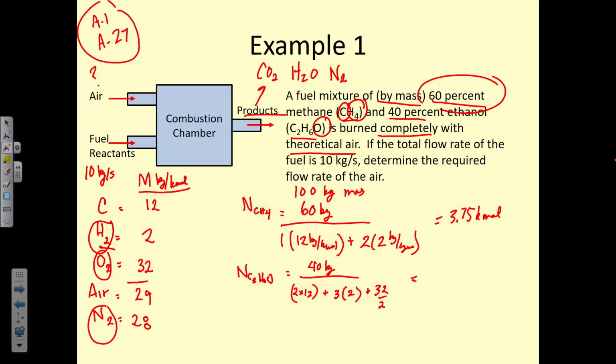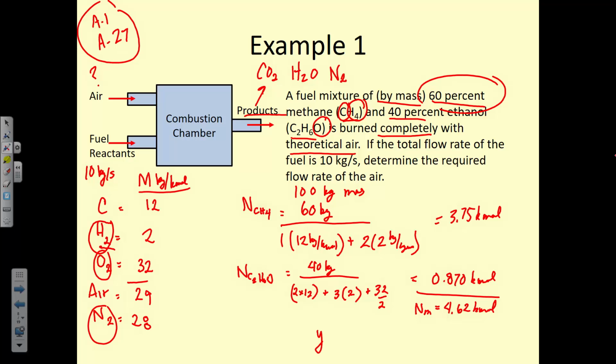So we find the molar number for this to be 0.870 kilomoles. If we add those together, we find a total molar number for the mixture is 4.62 kilomoles, which we can then use to find our molar fractions.